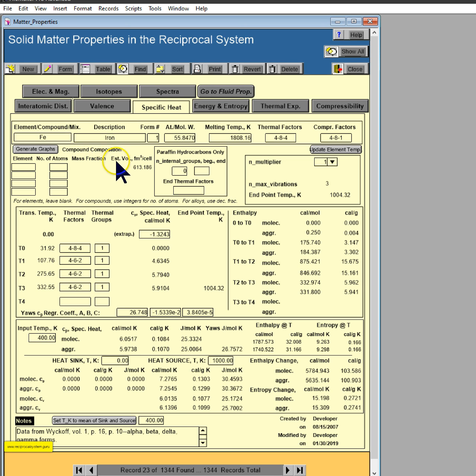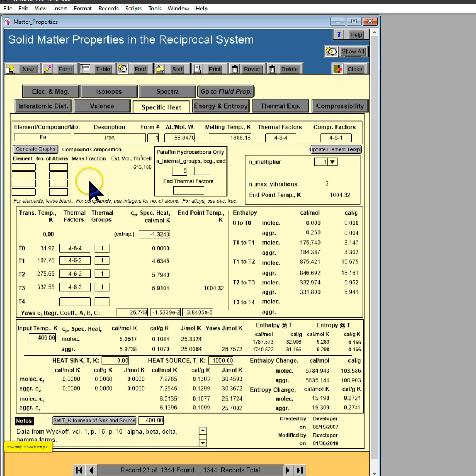And then here's the Carl Yaws calculation, 26.7572, and that compares with our calculation, 25.0064. And here's the enthalpy at the temperature T. That's the input temperature here, and this is the entropy.